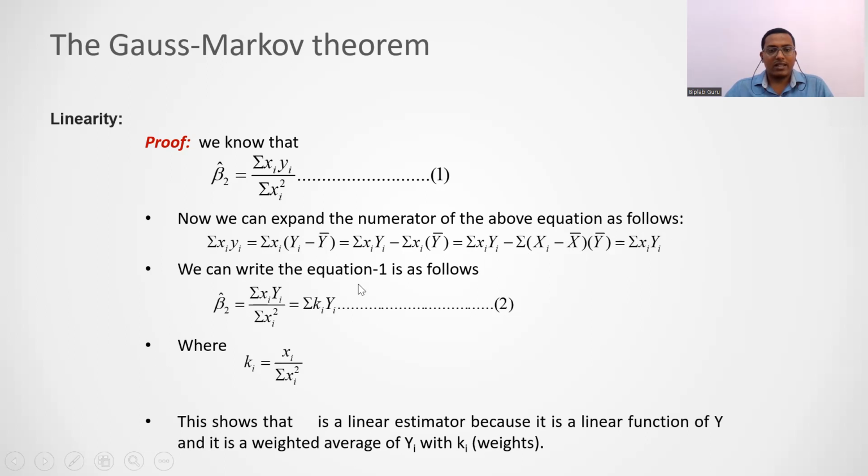And we can write this equation 1 as follows as well. Beta 2 hat equals summation xi yi divided by summation xi square, and then summation ki yi.